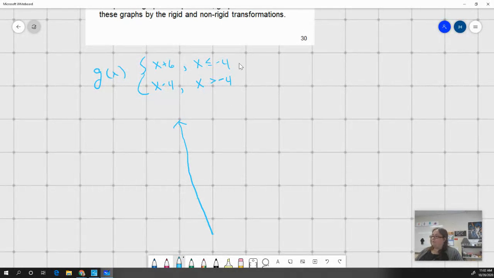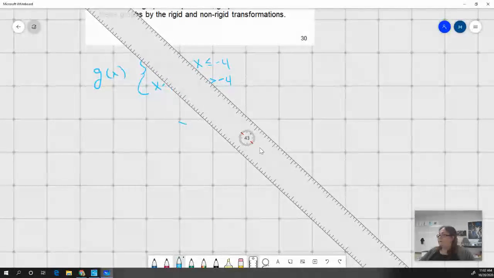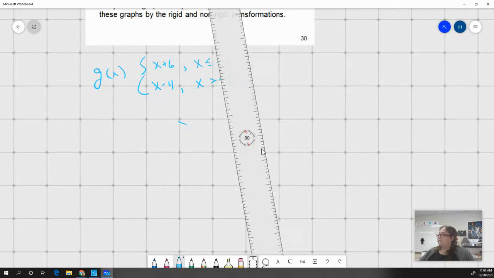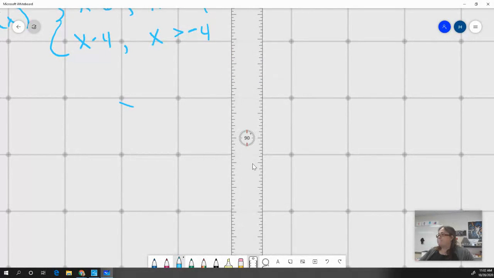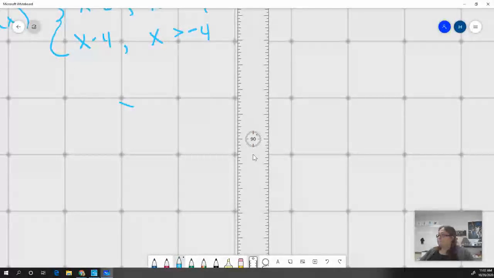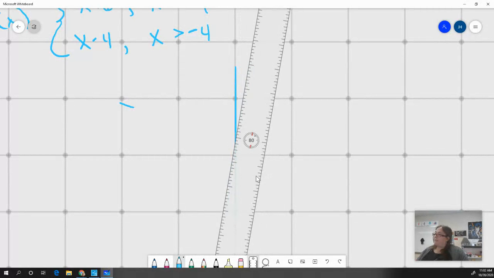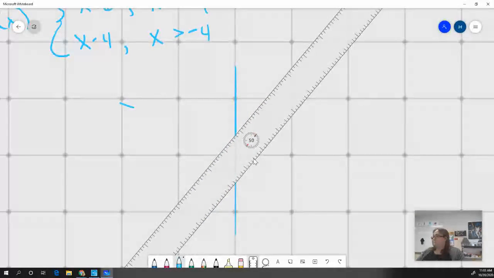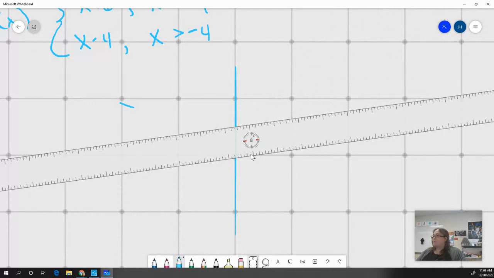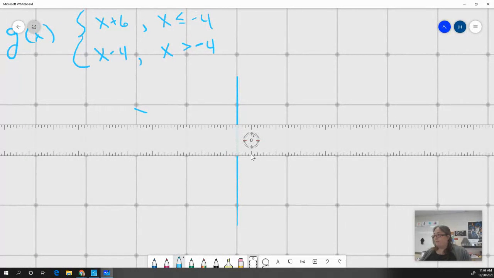All that means is when we go to graph this, ooh, that's an ugly graph. I'm going to redo that. Almost done, I promise. So say I have this graph.